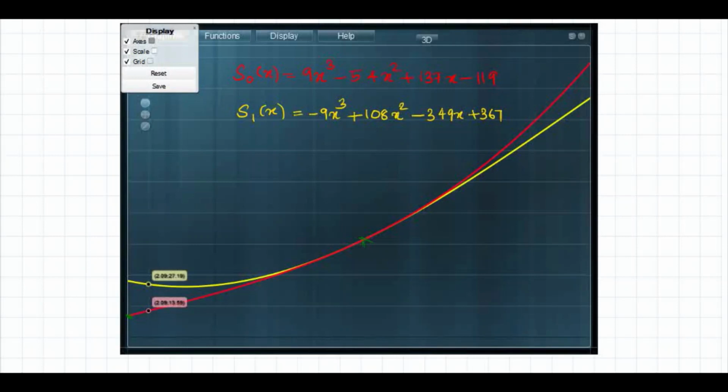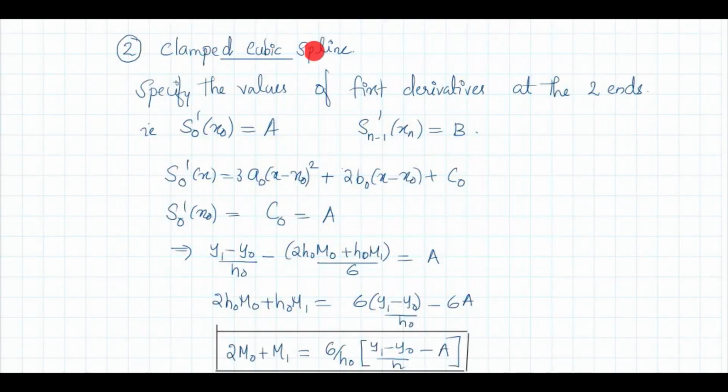Now we will consider the second case, clamped cubic spline. Okay, so our problem was we have only n minus 1 equations and n plus 1 unknowns. So we have to express any of the m values in terms of the others. In the natural spline case, we fixed m0 and mn as 0.